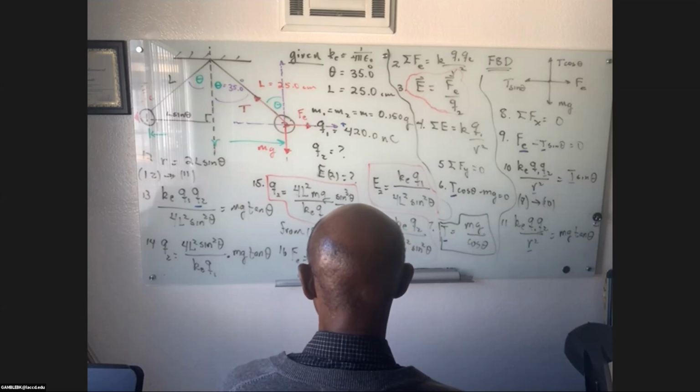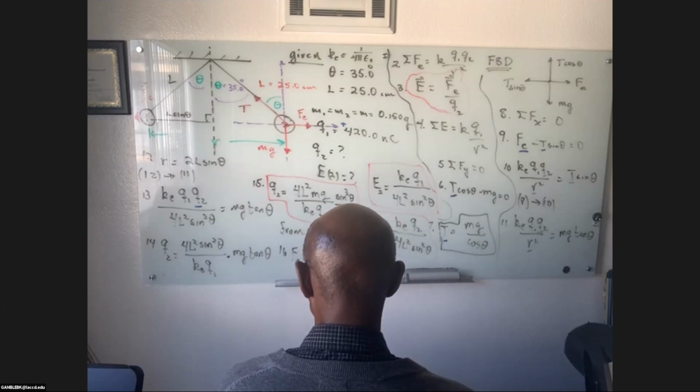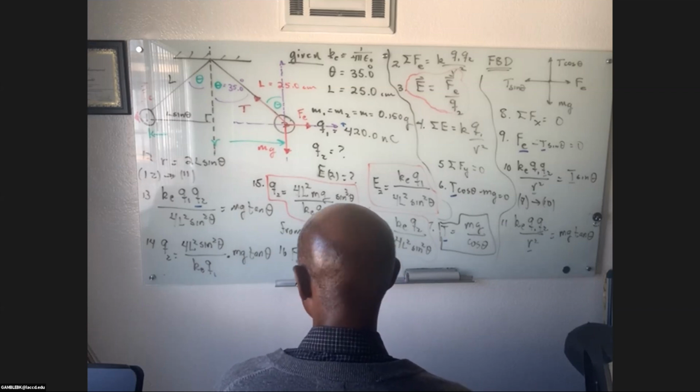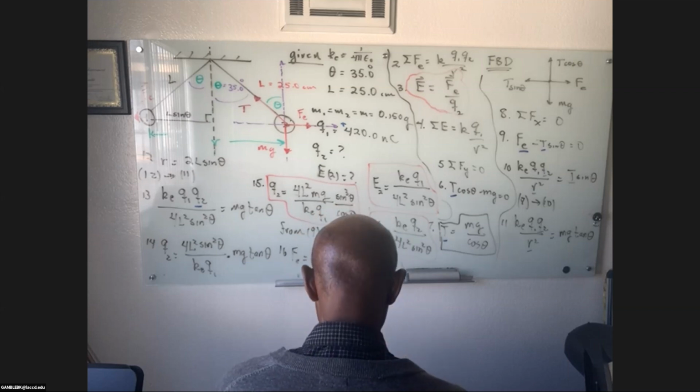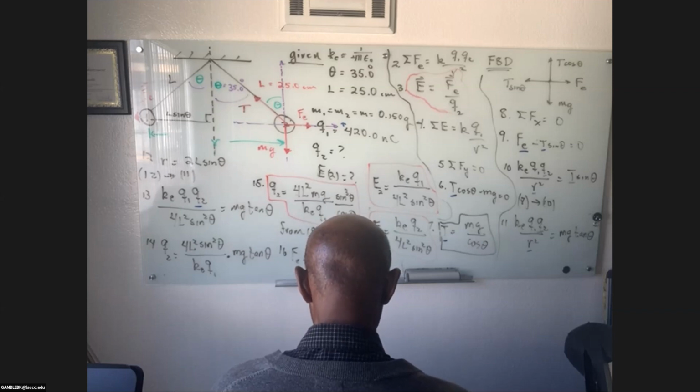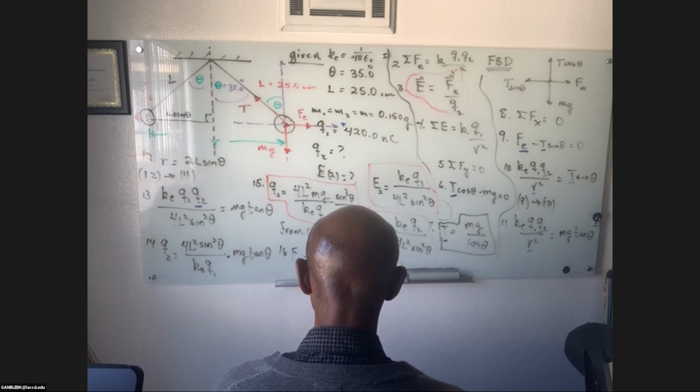Be careful on that. Then divided by the charge, 420 times 10 to the negative 9. Finally, we've got 35 degrees, square it, cube it, and now cosine 35.